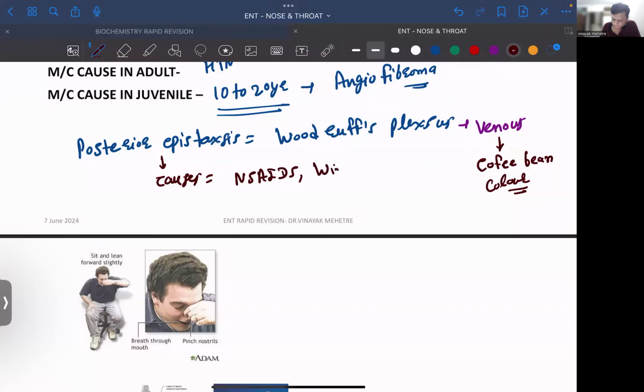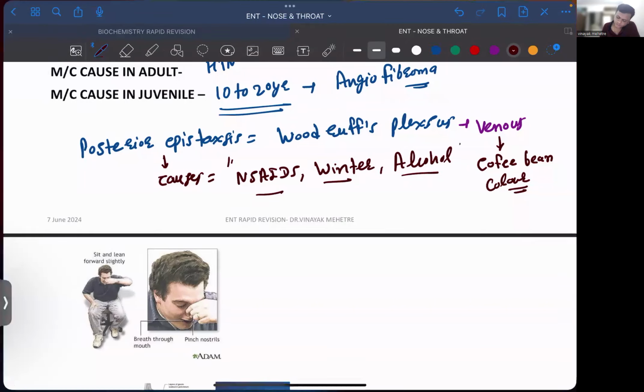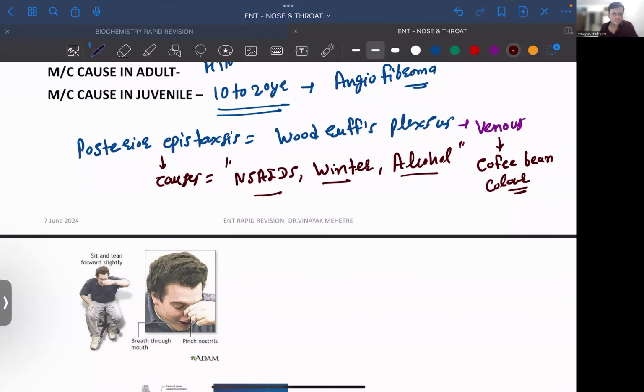Winter and daru. You have to catch this whenever you are going to get a question on posterior epistaxis. With what? Coffee bean color nasal bleed, right? Now, tell me, what is the management?